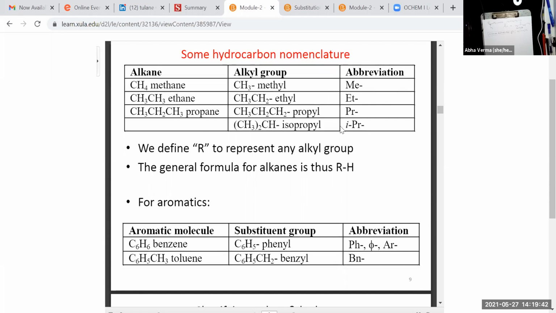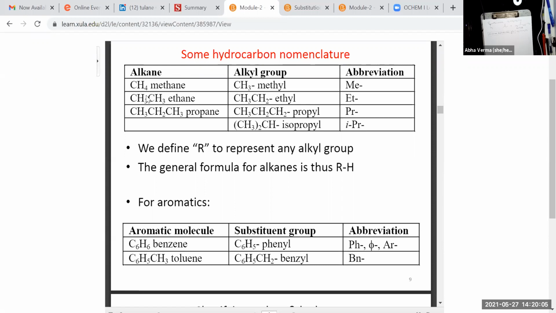So this is something that we will again look at in the nomenclature module, but I want you to see how we are labeling our alkanes. So all the hydrocarbons, alkanes, alkenes, and alkynes, as well as the aromatic groups, have names, common names also, that we are going to use.